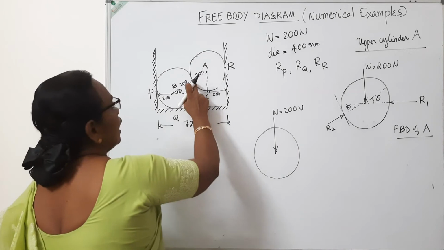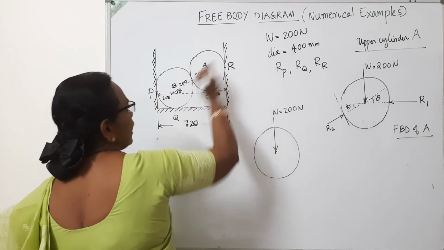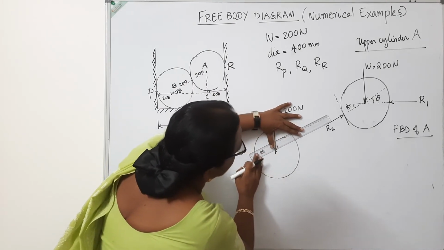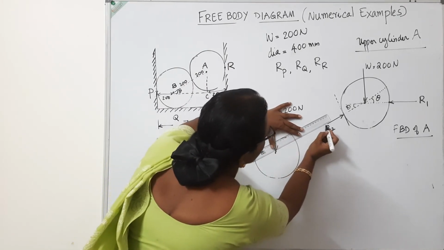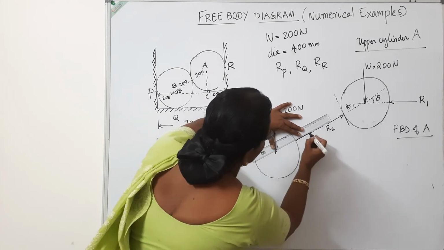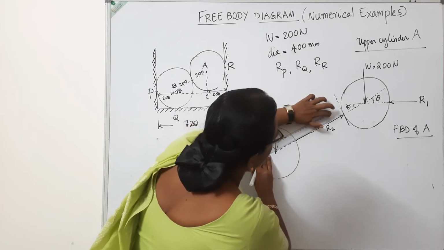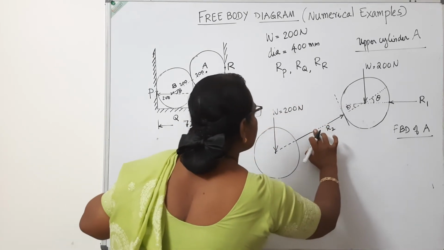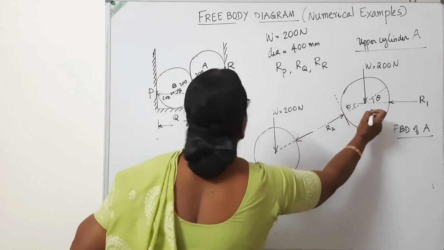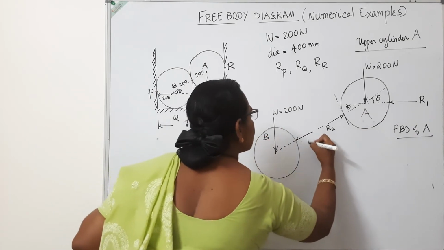Then, at this contact surface, from the ball A or from the cylinder A, there will be a reaction that will be nothing but the same as this. You can reproduce this direction. So this will be the contact reaction from ball A to ball B. This is also R2.